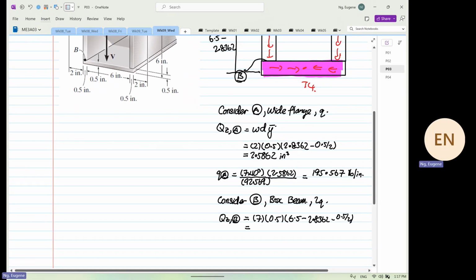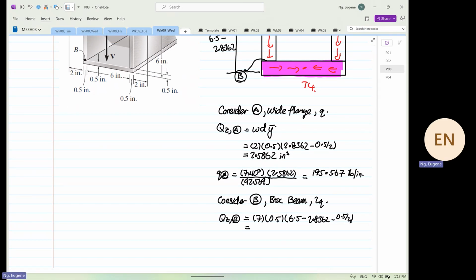So this will be equal to 6.5 minus 2.8362 minus 0.5 divided by 2, times 0.5, times 7. Did I get 11? 11.9483 inches cubed.